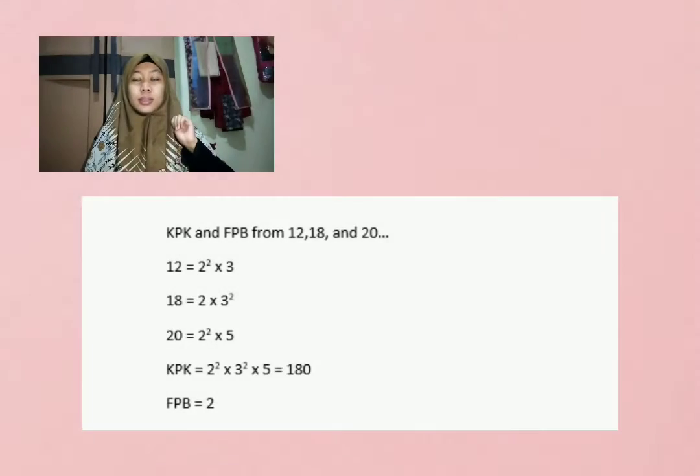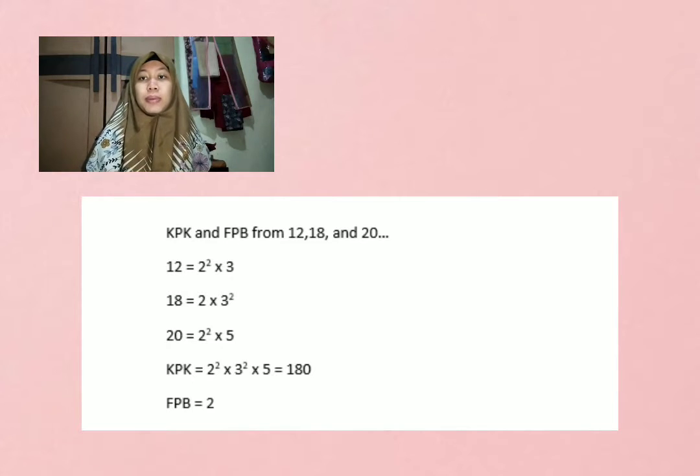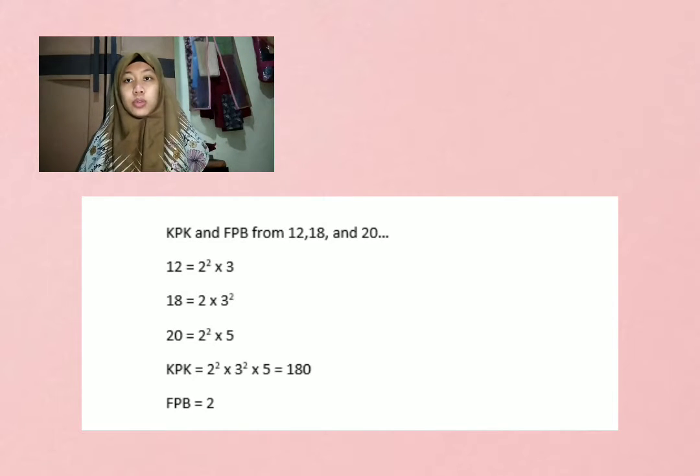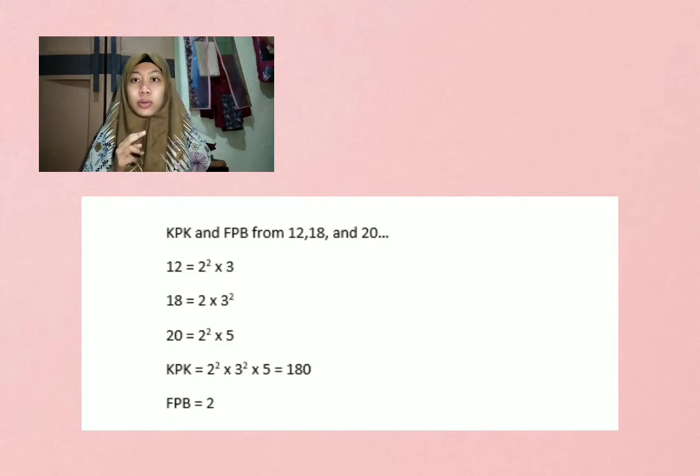Number 4, find the KPK and FKB of 12, 18, and 20. The factorization of 12 is 2 raised to 2 times 3. The factorization of 18 is 2 times 3 raised to 2, and of 20 is 2 raised to 2 times 5.